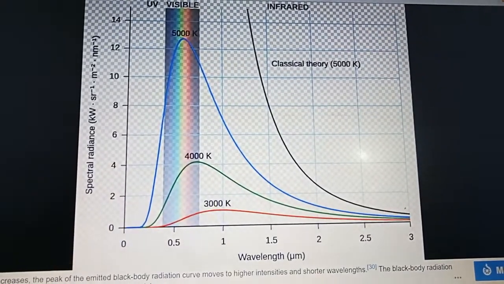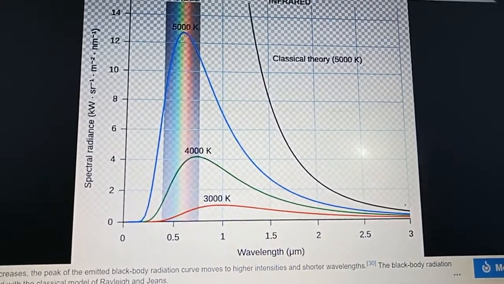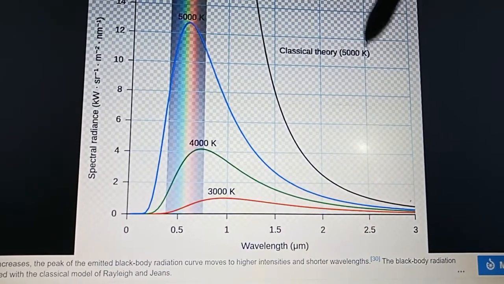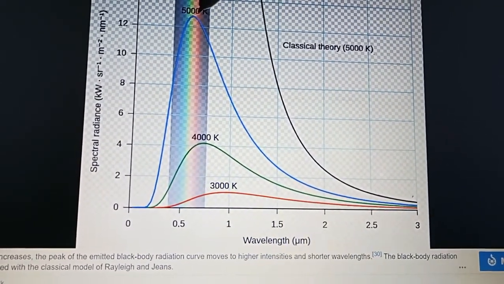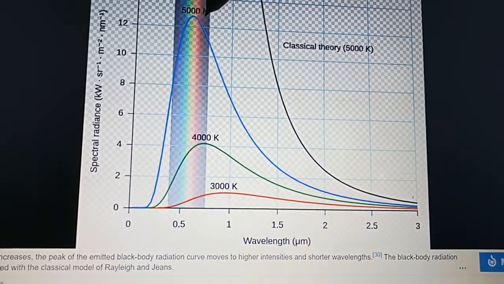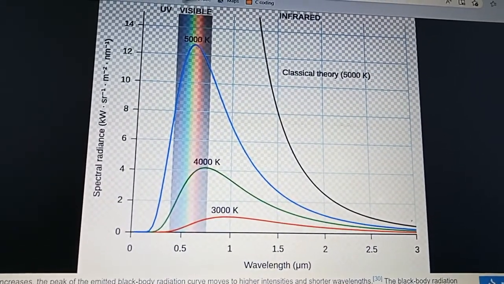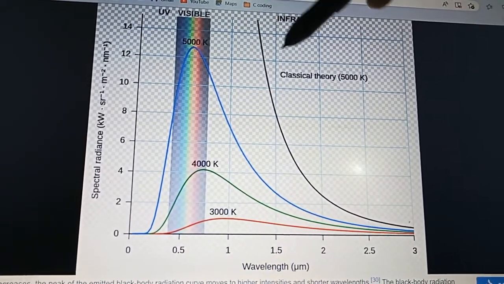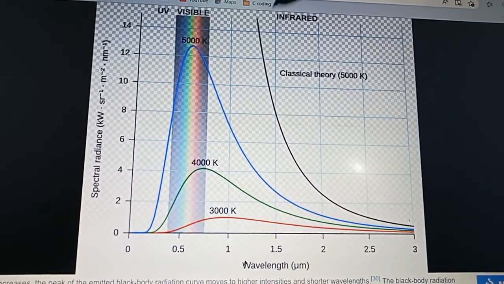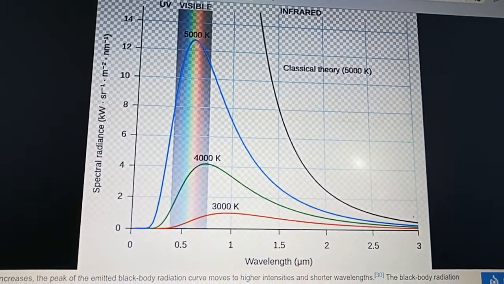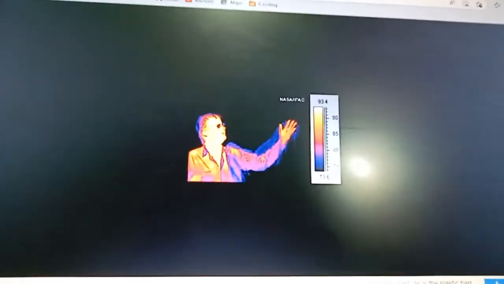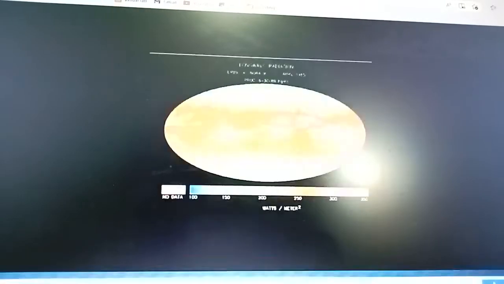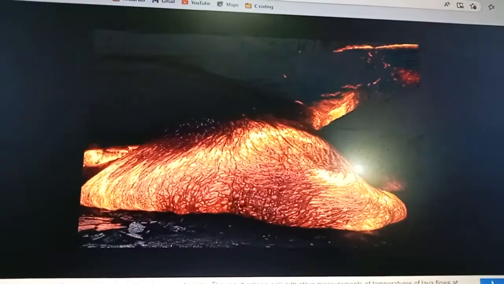So now again coming to the same question: classical theory predicts this, but actually at 5000 Kelvin we observe this color in this visible wavelength, and classical theory predicts this. That is the infrared region, which we can't see. But as we have seen here, we observe colors when we heat something, here the example of steel.